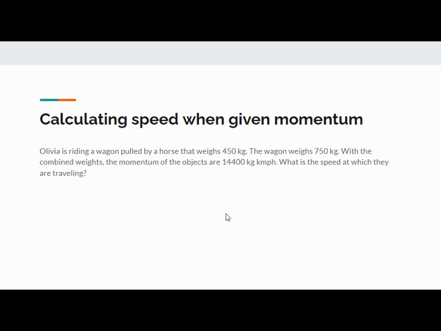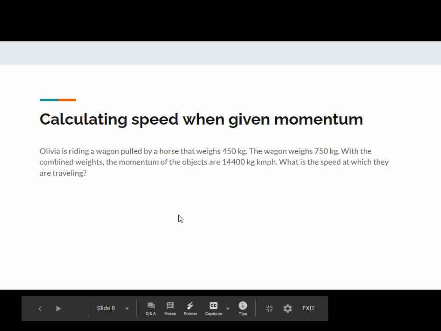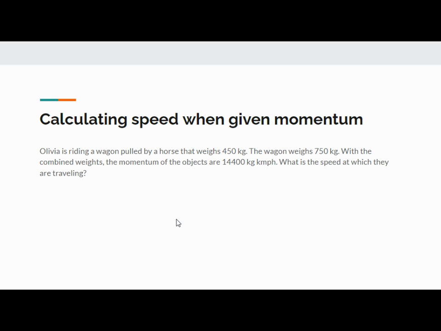So we're taking 450 plus 750, so that'll be 1,200 kilograms. We divide, and they are moving at 12 kilometers per hour. Not very fast, but that's what we get. Remember, it's just taking and dividing. It's the same thing that we've done with the other triangle methods.